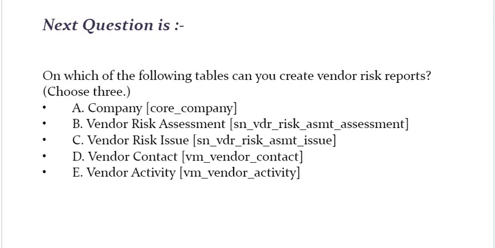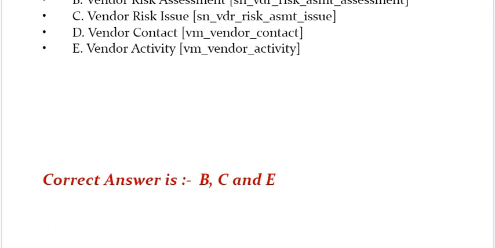Option C, vendor risk issues SN underscore VDR underscore risk underscore ASMT underscore issue. Option D, vendor contact VM underscore vendor underscore contact. Option E, vendor activity VM underscore vendor underscore activity. Correct answer is option B, C, and option E.